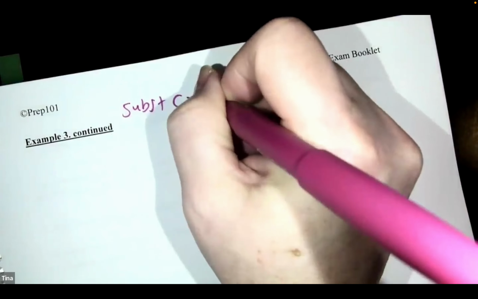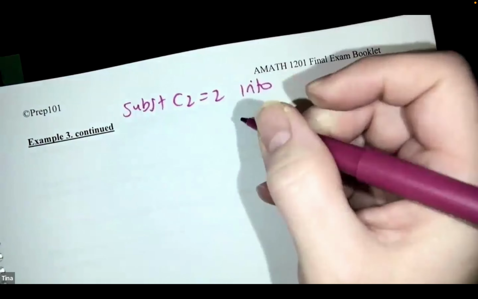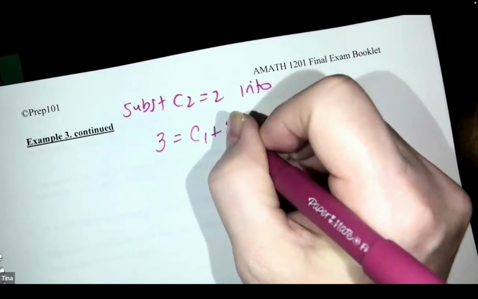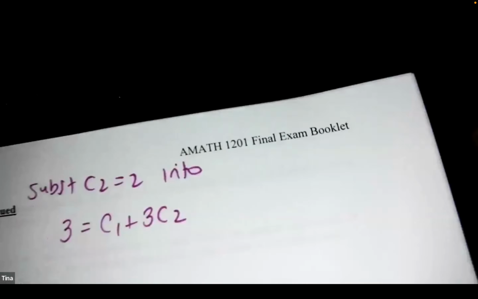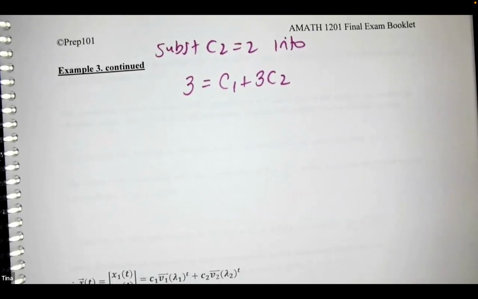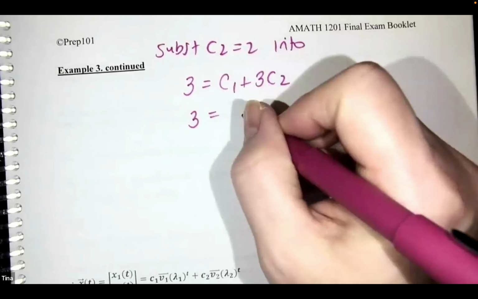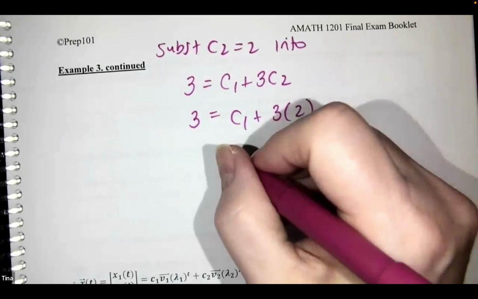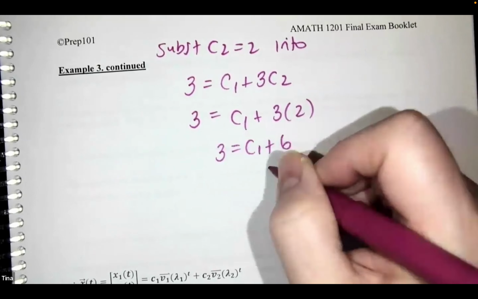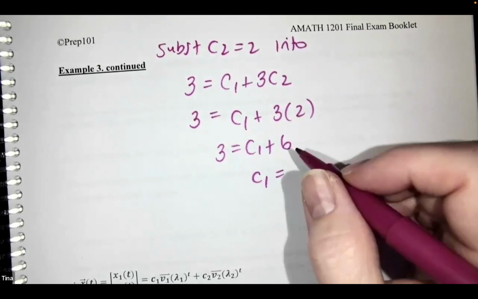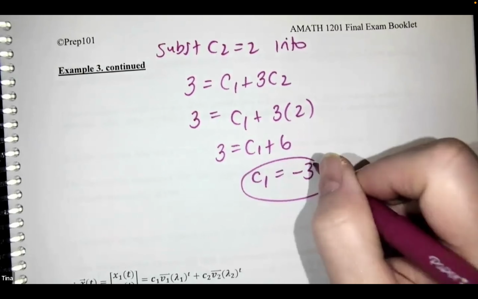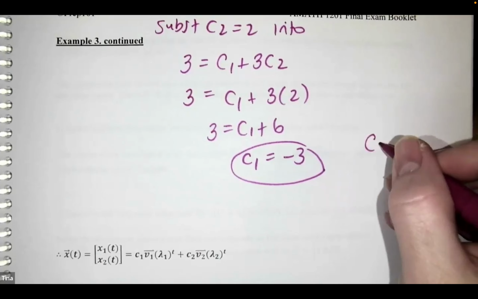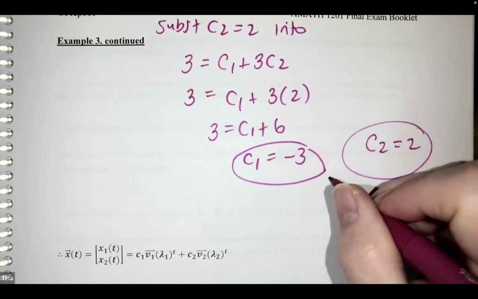So I'd probably say substitute C2 is 2 into, what was my first equation? 3 equals C1 plus 3C2. So that would be 3 is C1 plus 3 times 2. So C1 is 3 minus 6, so -3. And we already knew that our C2 is 2.